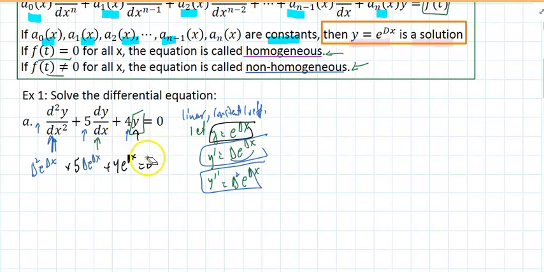And you'll notice they all have e to the dx. I'll factor e to the dx out of them. I'm looking at d squared plus 5d plus 4 equals 0. By the way, this is called the characteristic equation.